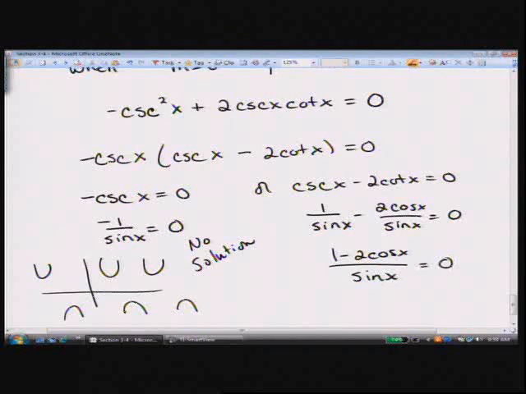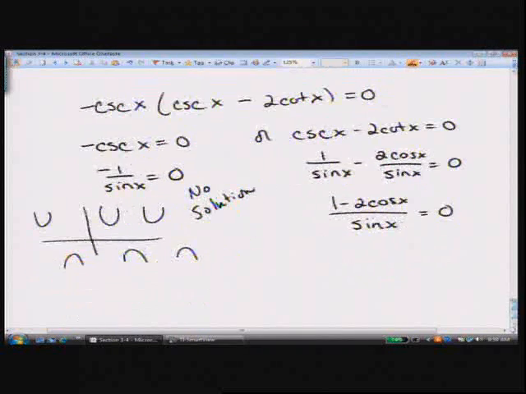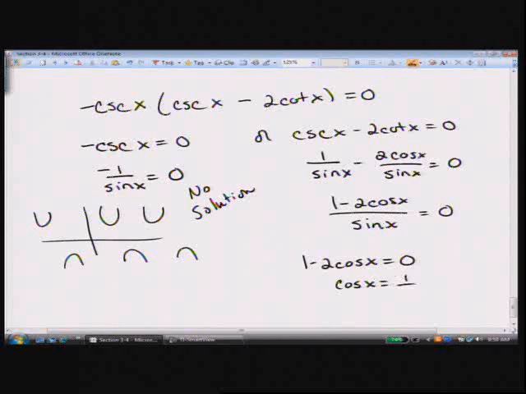We've got a common denominator. Now, when does a fraction equal 0? That will be where the numerator equals 0. So I will set 1 minus 2 cosine x equal to 0, and I will solve this: when is the cosine of x equal to 1/2? Because I moved the 1 over and divided by negative 2.